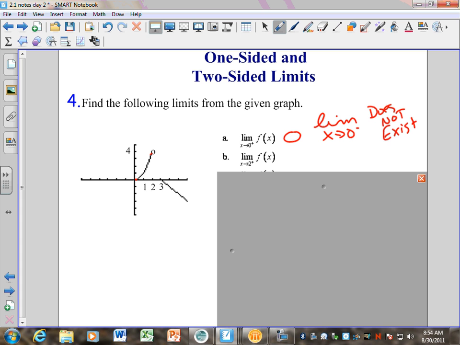What about this one? The limit as x approaches 2 coming from the right. What do you think?